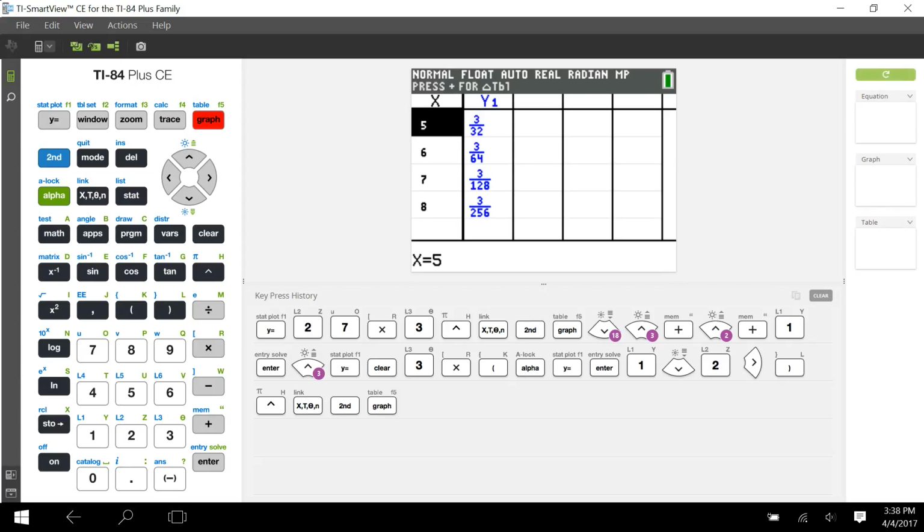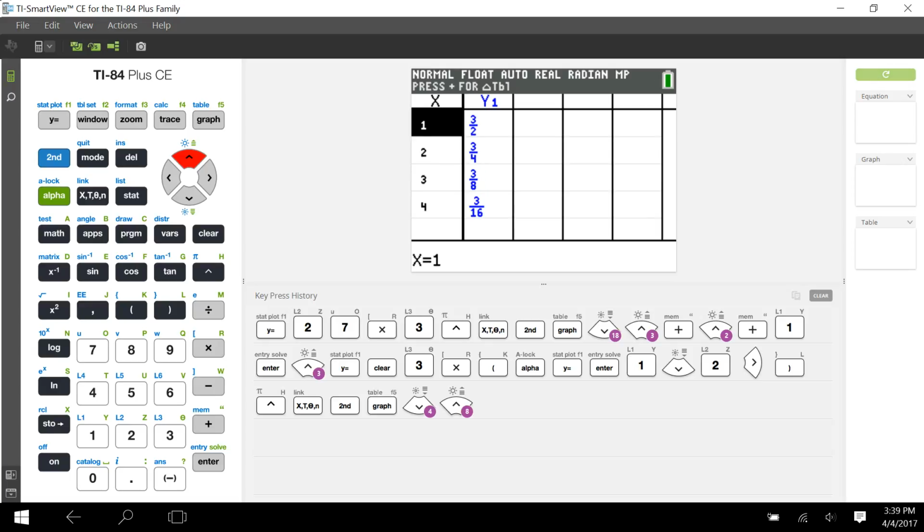Oh, it's already in fractions for me. I like that. When x equals 9, it's 3 over 512. Or if I change that to a decimal, it's 0.01172. And then I'm looking for when y is 6,144.